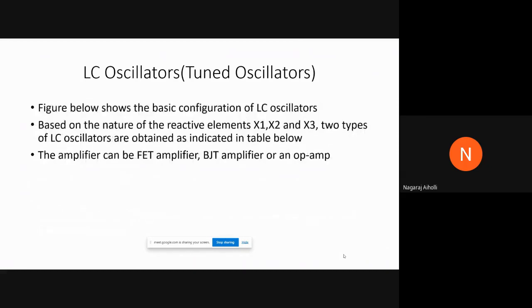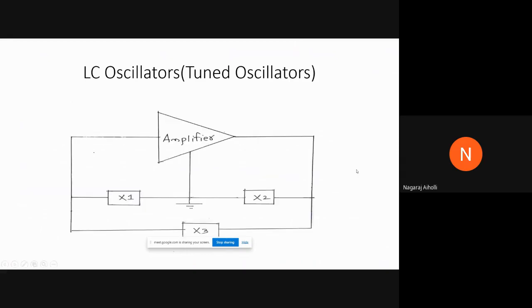Based on the reactive elements X1, X2 and X3, the LC oscillators are classified into two types, that is Colpitts oscillator and Hartley oscillator. In this basic configuration of LC oscillators, there is an amplifier and the reactive elements X1, X2 and X3.